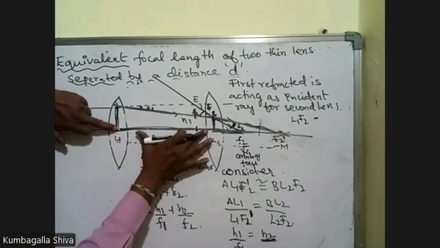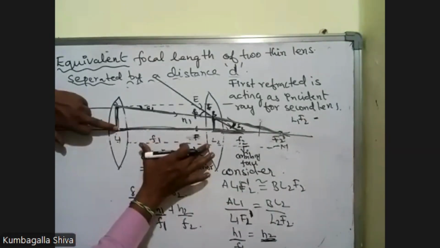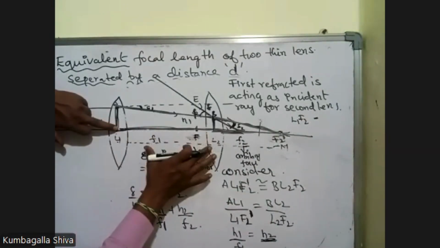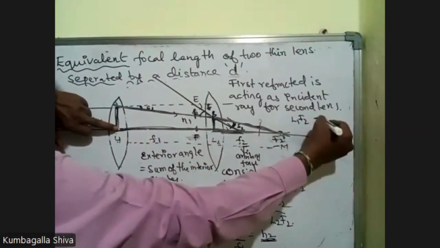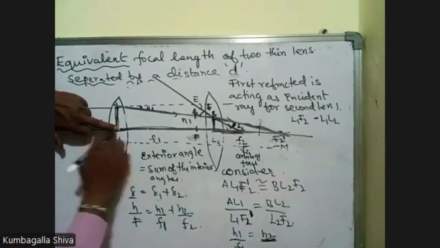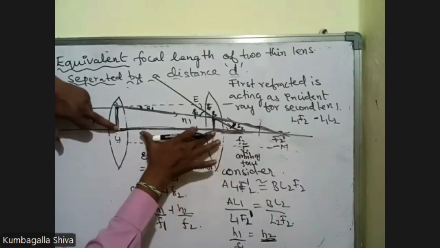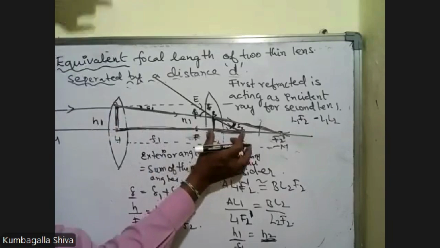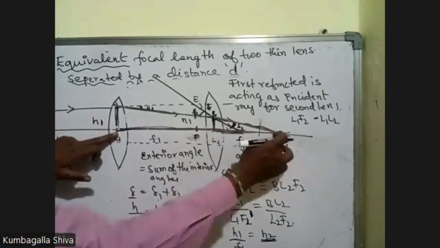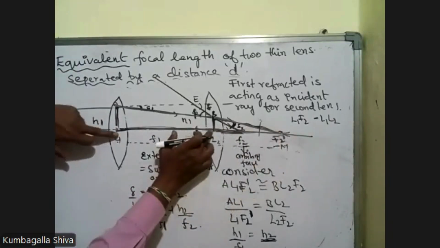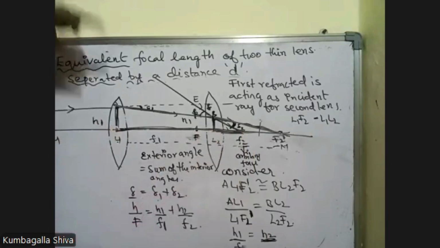I separate this distance, that is L1 to L2. Now from L1 to L2, if I remove the distance, I will get L2 to F2. From L1 F2, I remove L1 L2. I'll get F1 minus D.